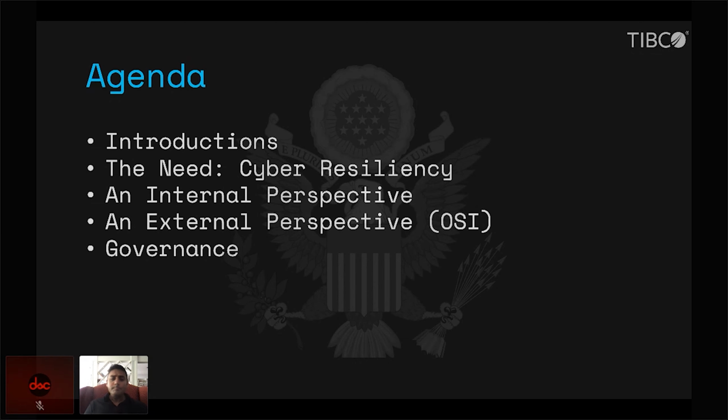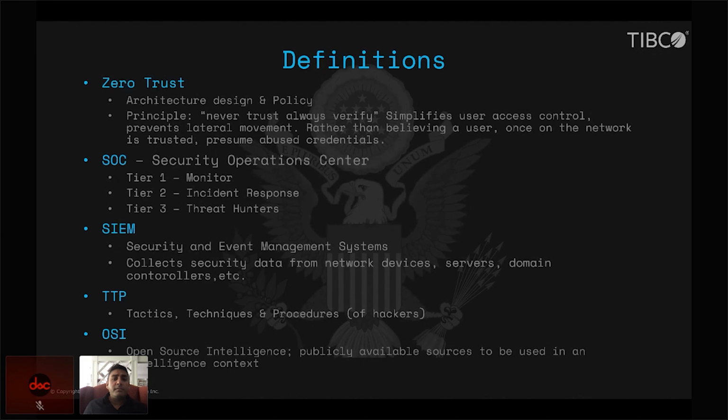To start out with, it might be important to cover a little bit when we talk about definitions, simply for the fact that we'll be using these terms over and over again throughout the presentation, but there are also terms that should be understood when anyone is defining any type of pathway to protect themselves when it comes to cyber.